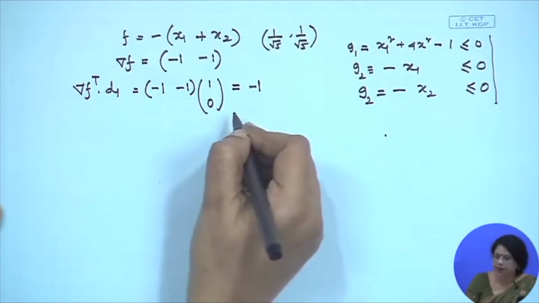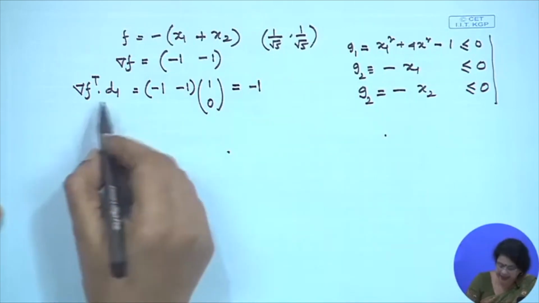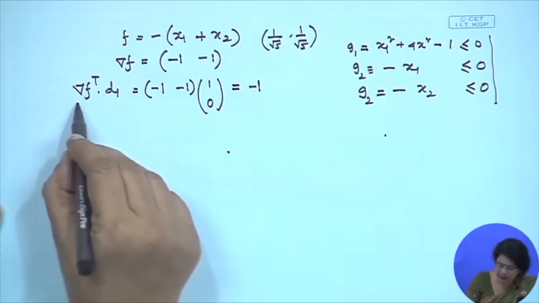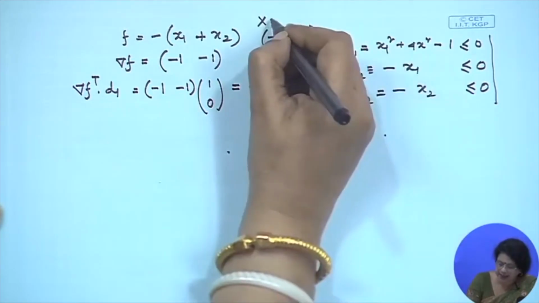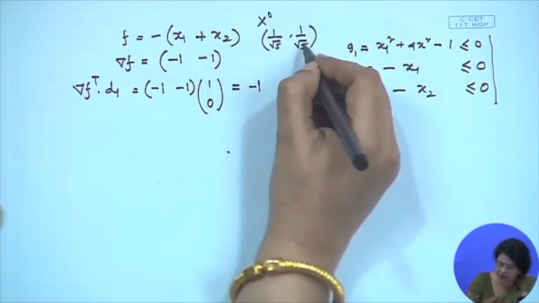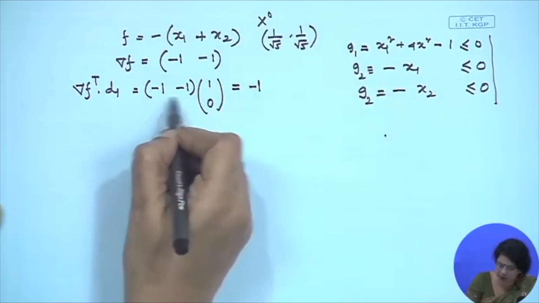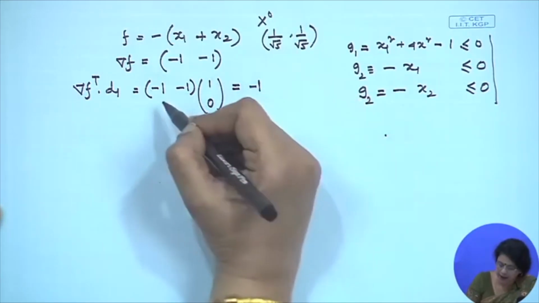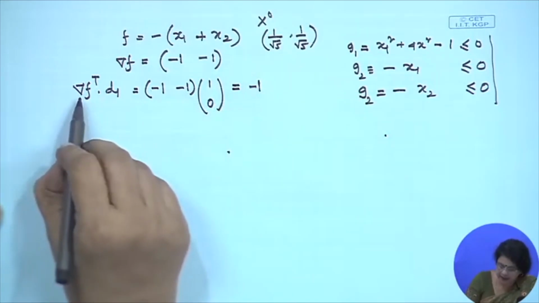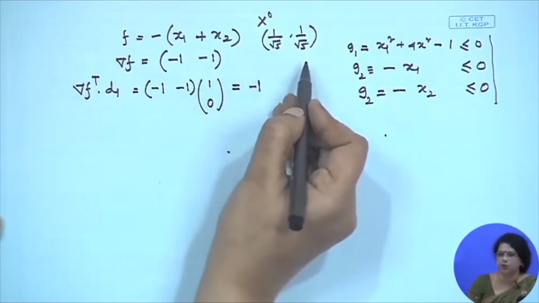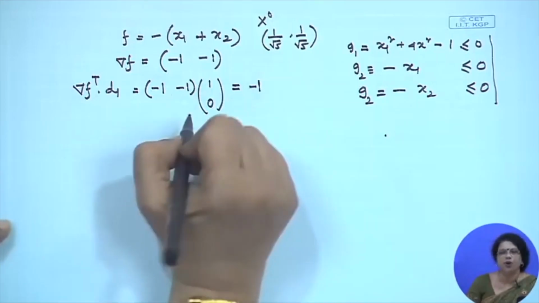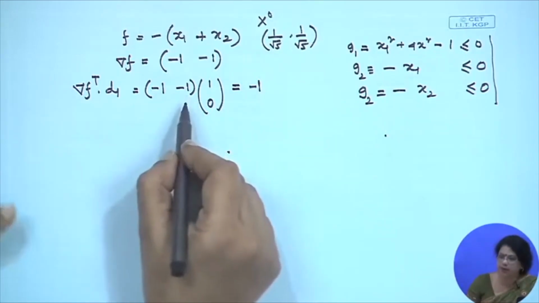Okay. Now, one thing is that the point has been given here as x naught equal to (1 by root 5, 1 by root 5), but there is no effect on it because the gradient of f is not a function of x1, x2. That is why always the grad f would be (minus 1, minus 1).